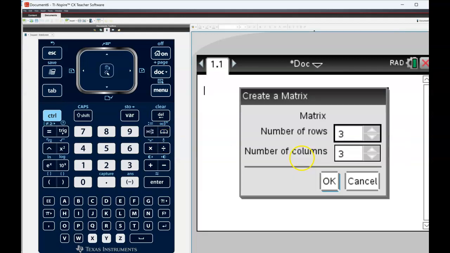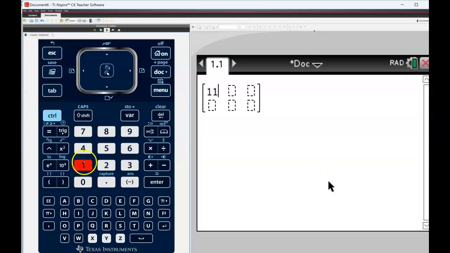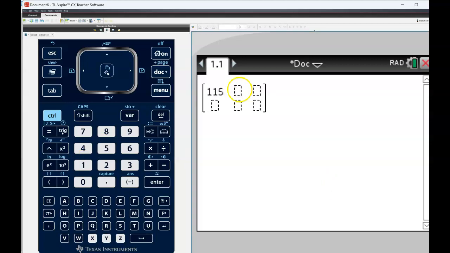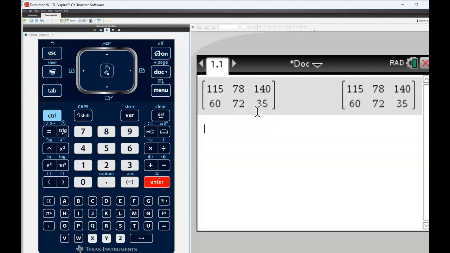In this case, it is 2 rows and 3 columns, and make sure you write it exactly as it appears. And store it in O. So control var, that gives you the store function. Control var, and I'm going to store it in O.